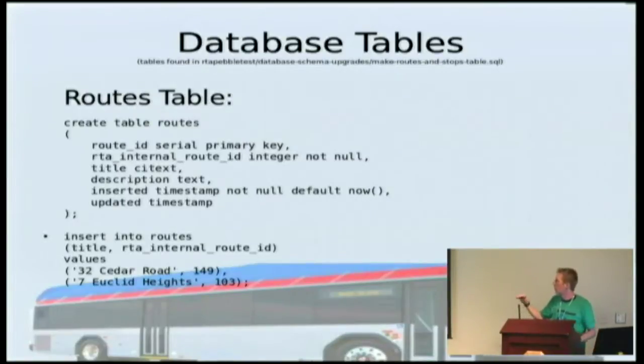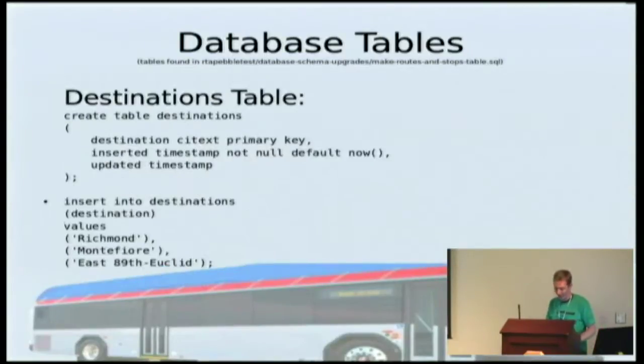So for each of the routes I wanted, I had to write those on my piece of paper, and then I'm going to insert them into my own database later, because I don't know a good way of finding out all of RTA's route IDs. Title is just going to be what we call it, and then description if you want. So 2 routes, 32, which runs up and down Cedar Road, and then 7, which runs up and down Euclid Heights. And you can see the 2 internal IDs, which are 149 and 103, which do not correspond to the bus route ID, which is 32 and 7.